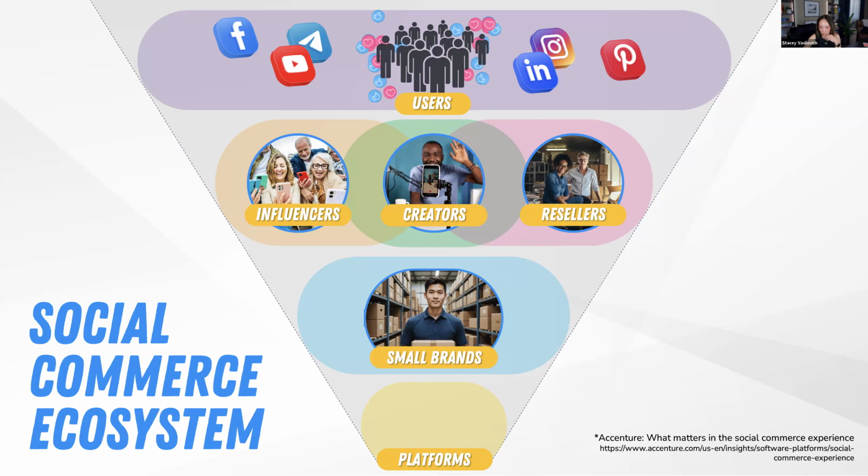And those small brands are then connected to the platforms where they're selling. Think of Amazon, Walmart, online, all of those things make up that ecosystem. All of these components comprise that platform and ecosystem to get the users, the buyers, the customers, directly to the small brands.